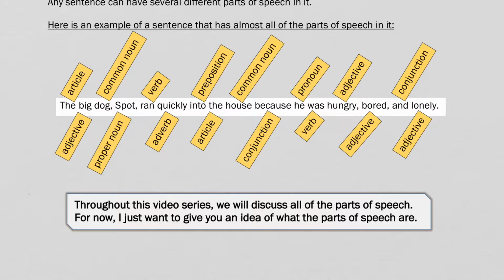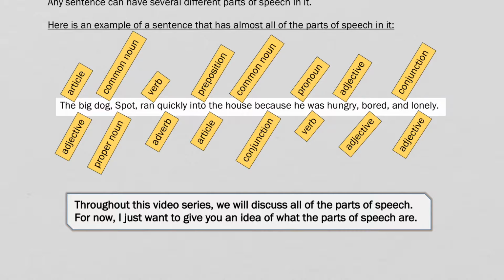He is a pronoun, right? That word he is being used instead of Spot, right? He is a pronoun. And again, pronouns are different than nouns. He is a pronoun being used instead of Spot, right? So pronouns are different.